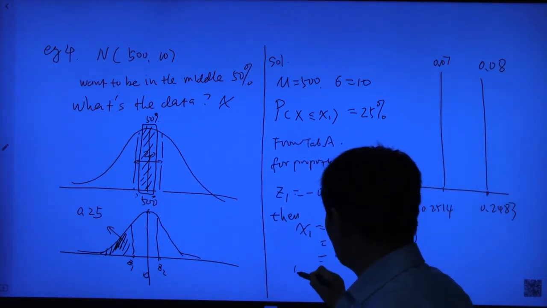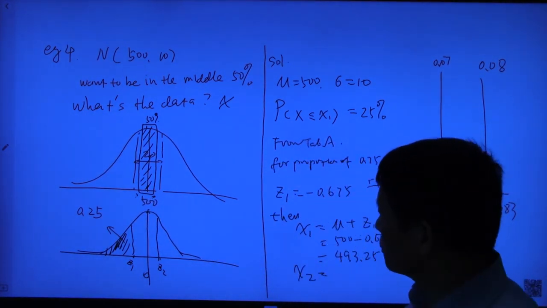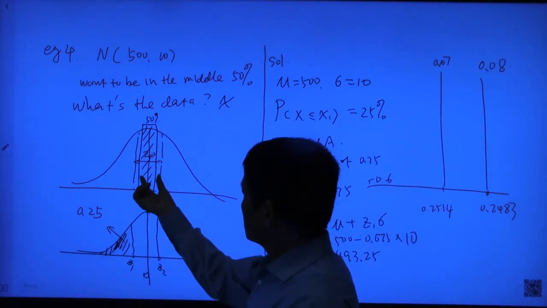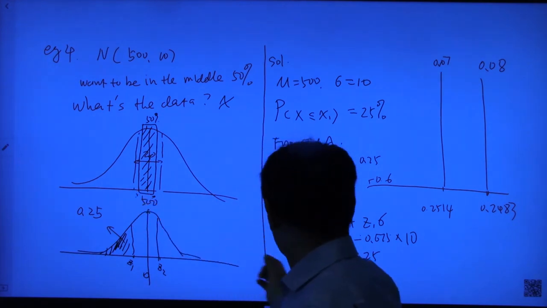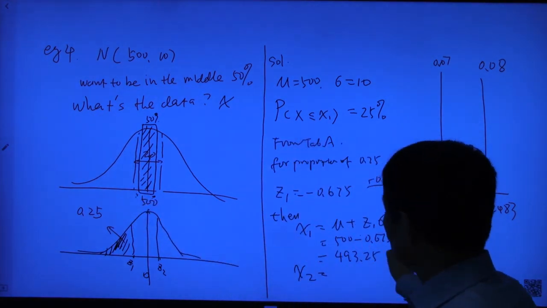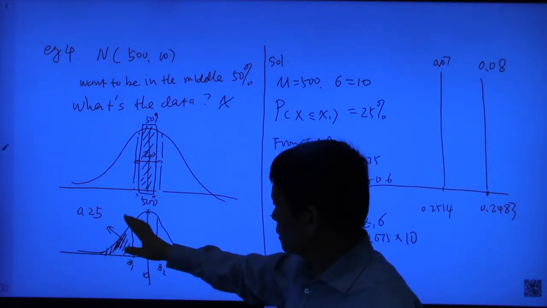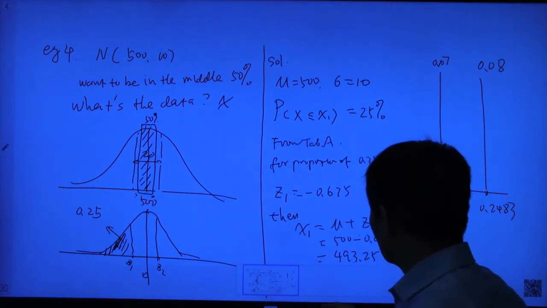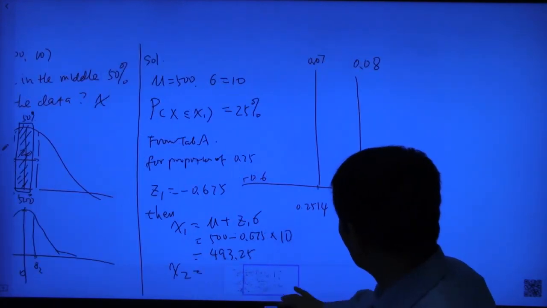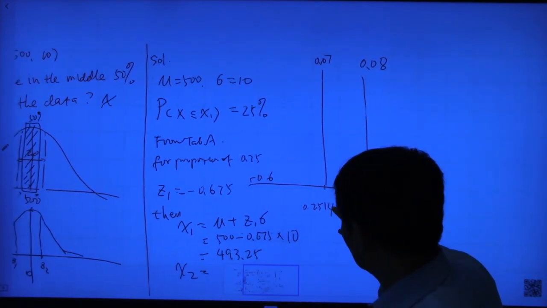So how about the x2? Because they are symmetric, we know this width equals this width. This one is negative, so this value must be the mean plus this part.